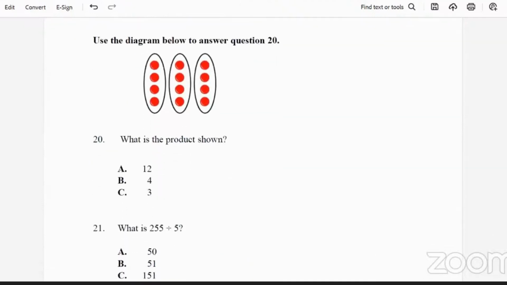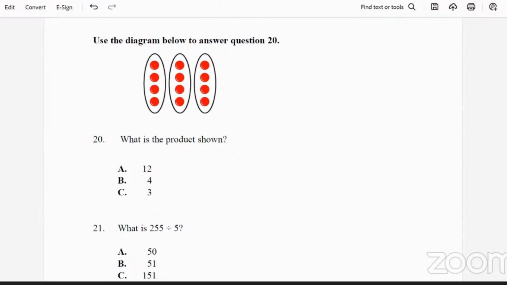Question 20. Use the diagram below to answer question 20. All right, so we have 3 ovals and we have 4 red circles in each, and it says, what is the product shown? So guys, you have to know what product means. It means multiplication, okay? The result you get when you multiply numbers.